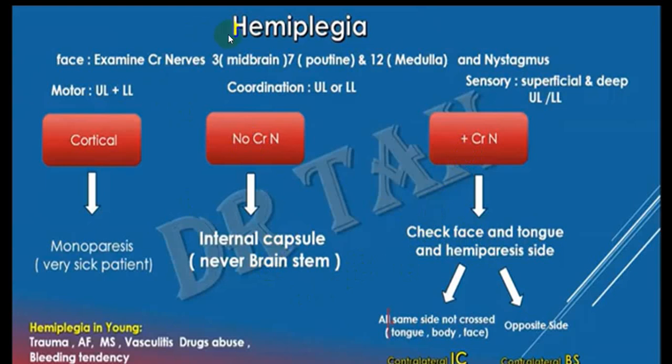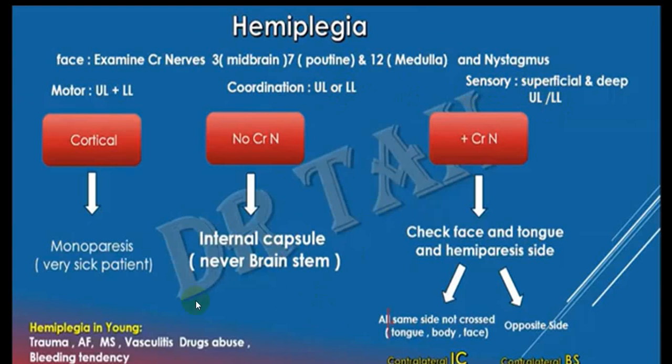So if we come across a person with hemiplegia, examine the cranial nerves. There are three cranial nerves to remember: the third cranial nerve in the midbrain, the 7th cranial nerve in the pons, and the 12th cranial nerve in the medulla. And look for the motor findings in upper limb and lower limb, coordination of upper limb and lower limb, and sensory findings in upper limb and lower limb.